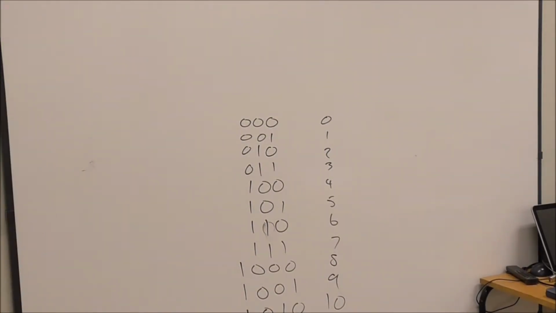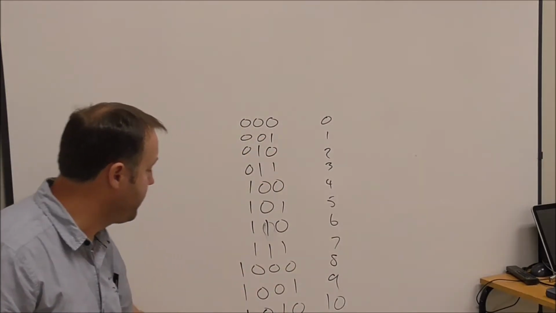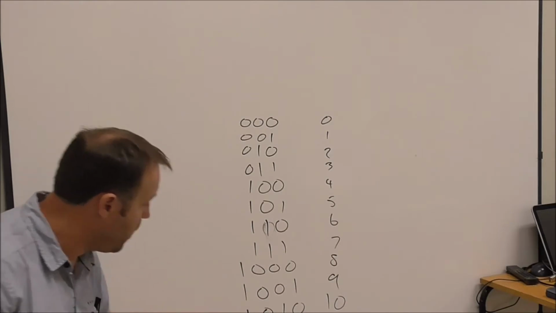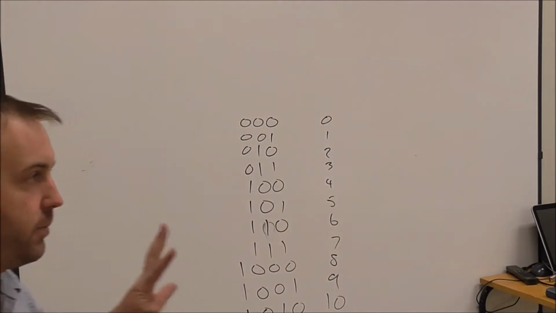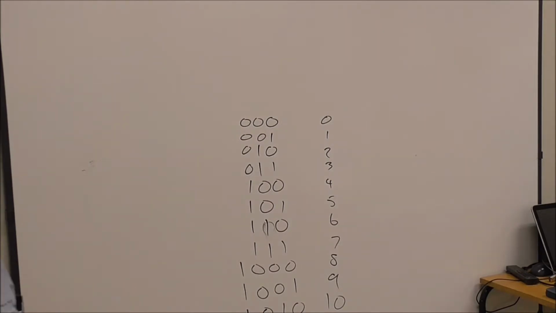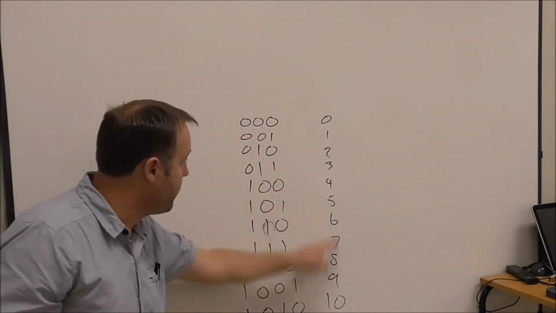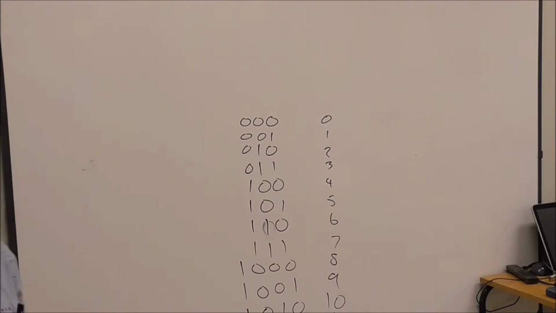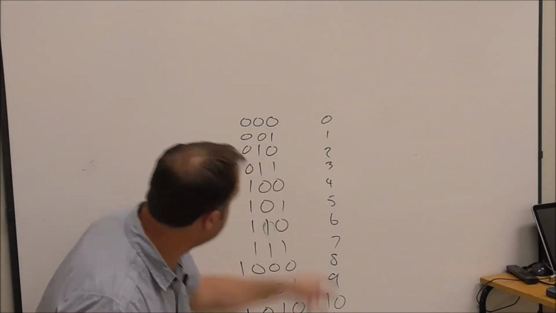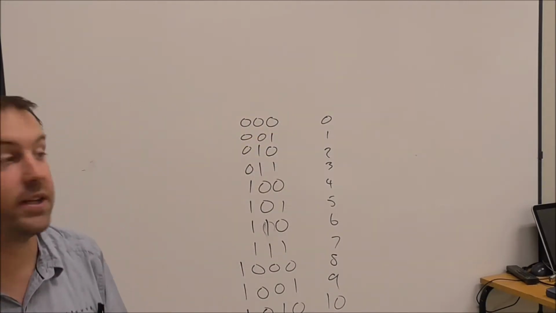And so how many separate states do I have before I've exhausted every possible combination of 4-bit binary? How many would I have there from 0 right through to 15? 16, isn't it? So it's 15 plus a 0, so that's where the extra 1 comes from.